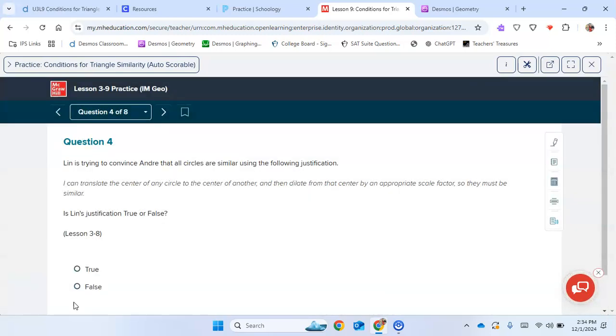Question 4. Lynn is trying to convince Andre that all circles are similar using the following justification. I can translate the center of any circle to the center of another circle and then dilate from that center by an appropriate scale factor, so they must be similar.